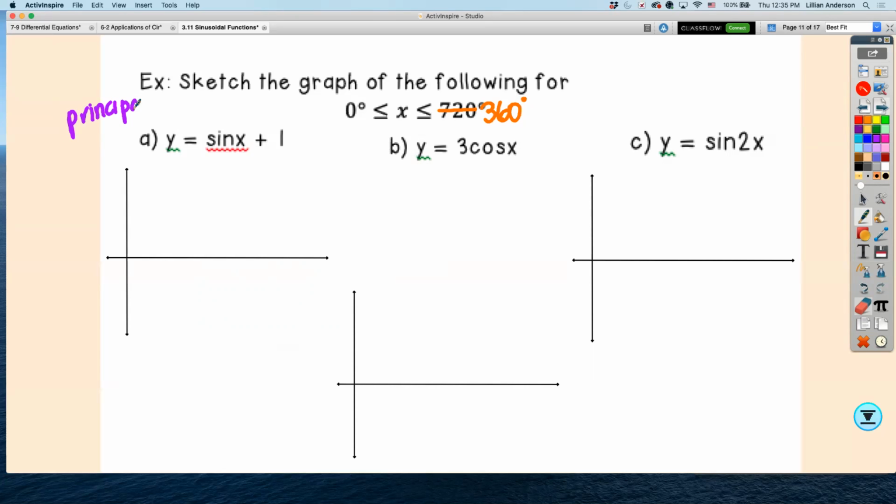The principal axis for this particular equation is y equals 1. We know that because this is d in the general form a sine bx plus d. The principal axis means that the graph has been shifted up 1 unit.